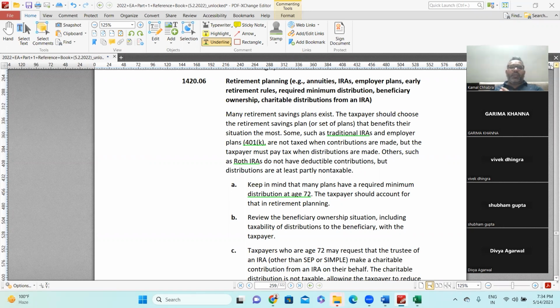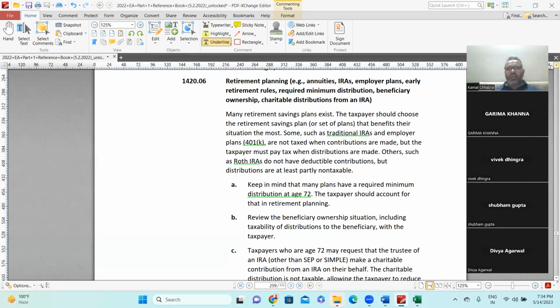Now jumping on to retirement planning, we have already discussed a couple of things. Majorly we discuss traditional retirement plans as well as Roth IRA. In the traditional retirement plan, we have discussed in detail that there are two categories, deductible and non-deductible. In addition to that, the employer also offers 401k plans.